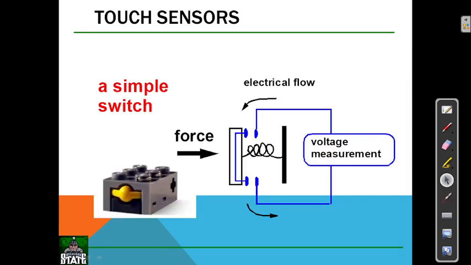What is a touch sensor? It is a simple switch. When a force is applied here, the coil is energized, a voltage can be measured here, and the electrical current will flow. This is a simple example of a touch sensor.